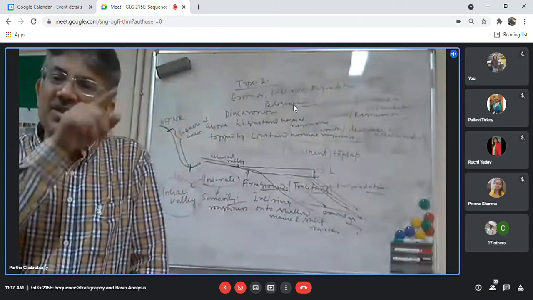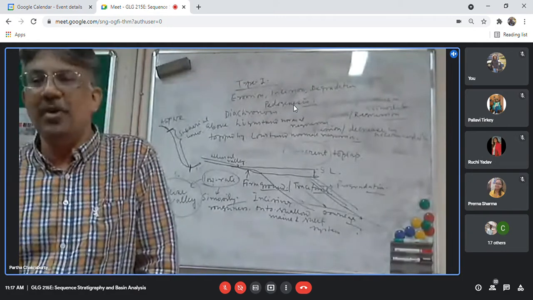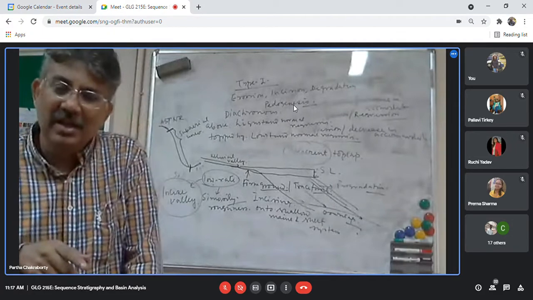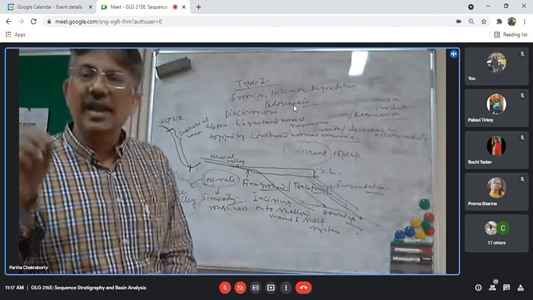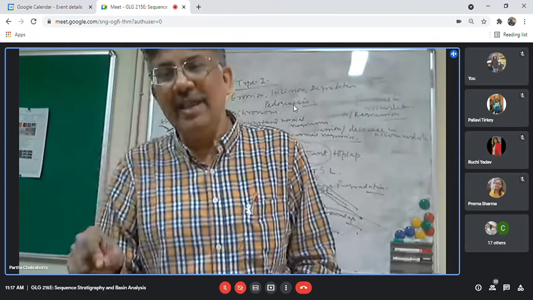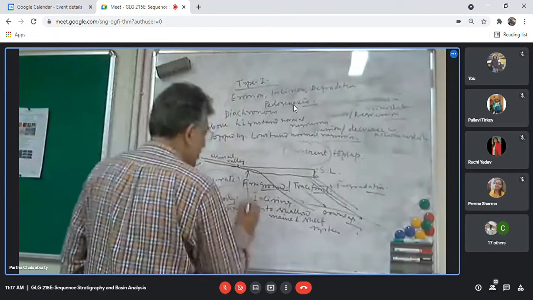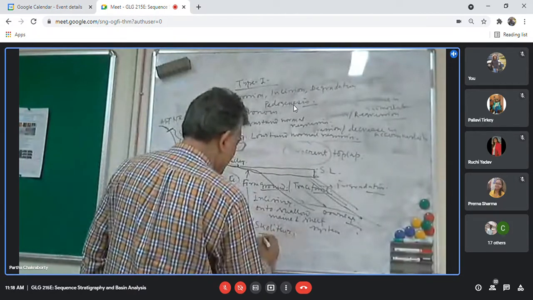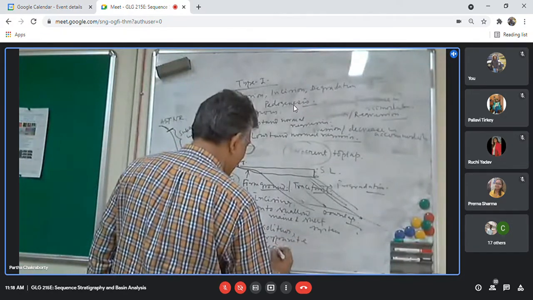So there may be channels, and in the interfluve area we may get pedogenesis or soil formation, or there may be bypass, or you may get the firm ground formation where you get the trace fossils such as Trypanites, Teredolites, Skolithos.